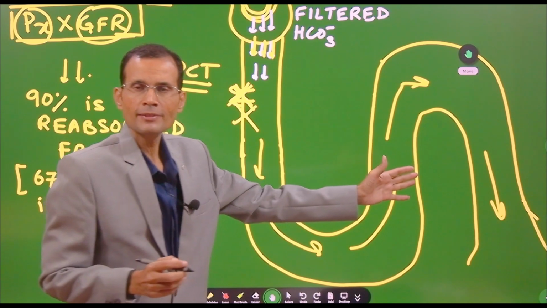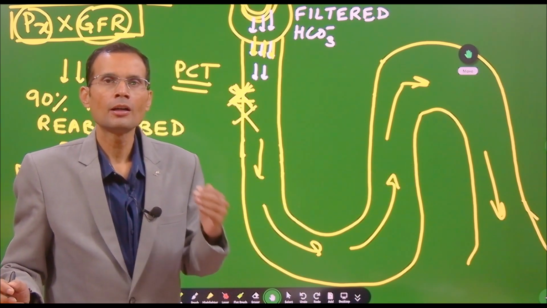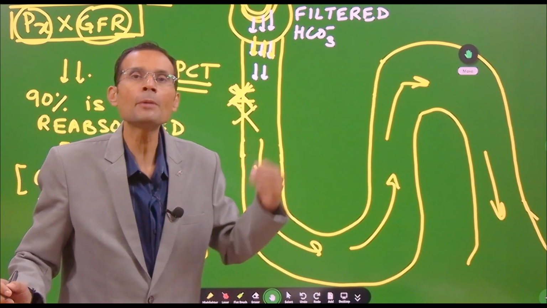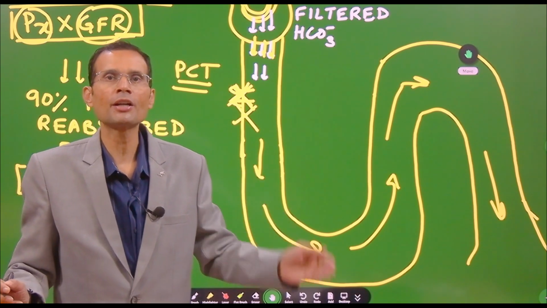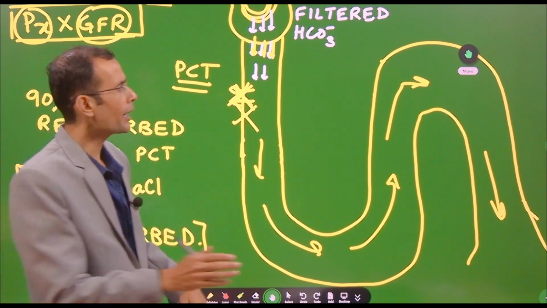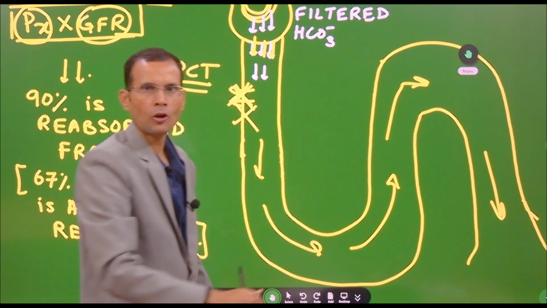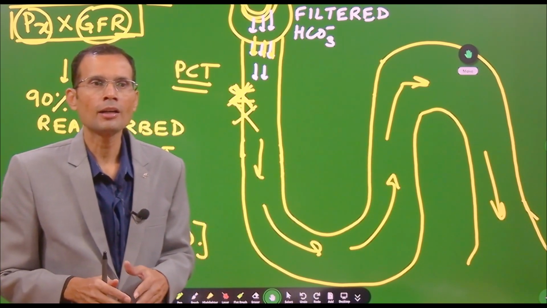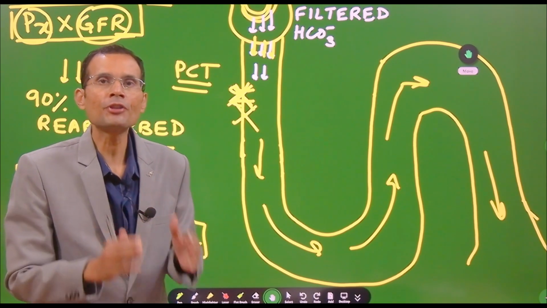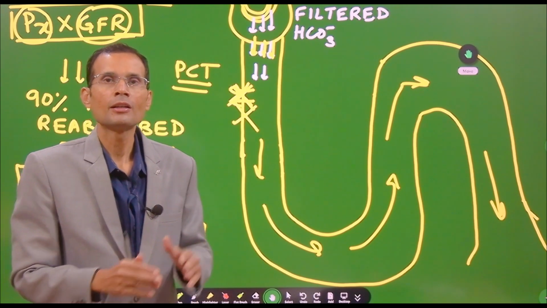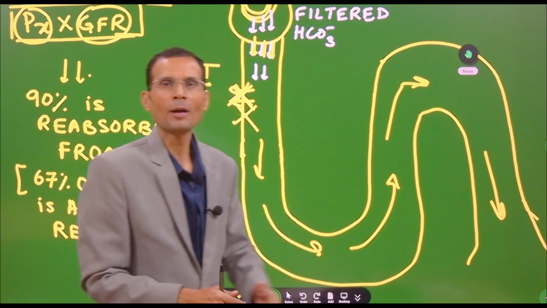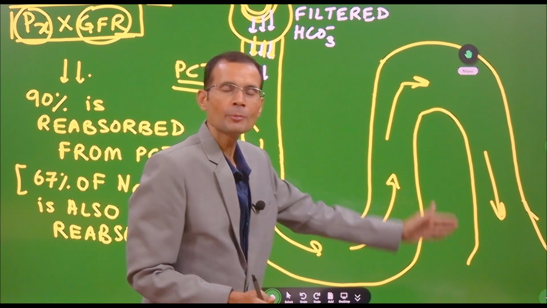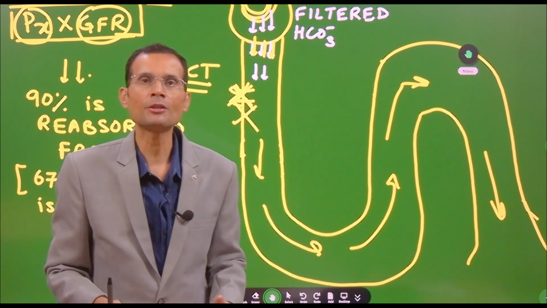At other segments, there are some carbonic anhydrase independent mechanisms of bicarbonate reabsorption. So some amount of bicarbonate may get reabsorbed in the later segments, but all in all, as a net result, about 50% of the bicarbonate remains unreabsorbed. I mean, it will not be reabsorbed and will be excreted into the urine.